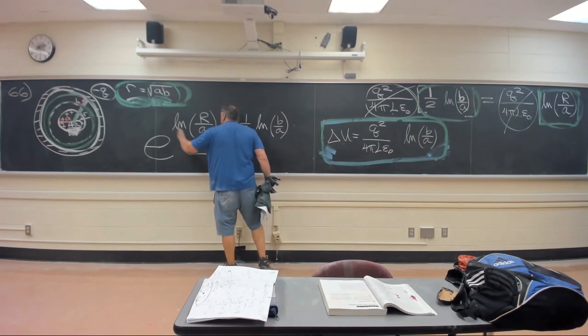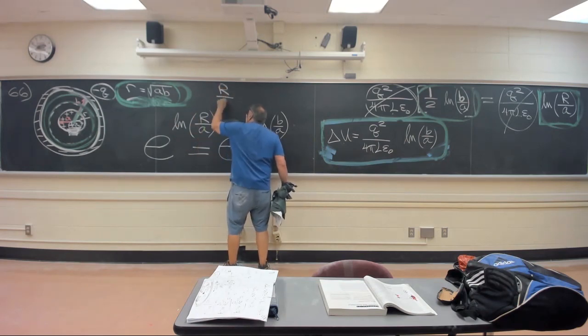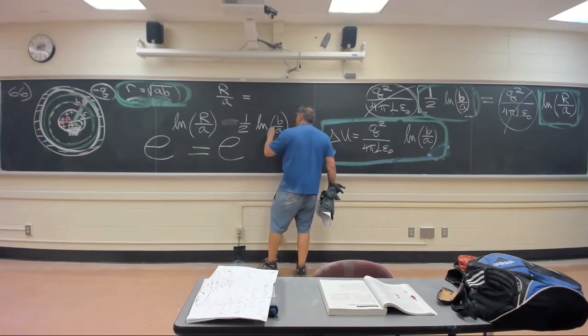E to the ln, the quantity capital R over A, is the quantity capital R over A. E to the 1/2 ln, the quantity B over A.